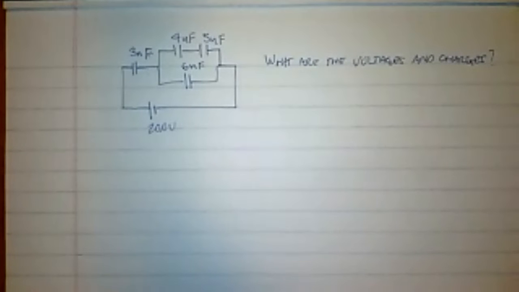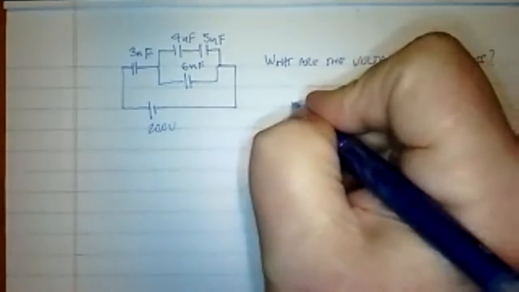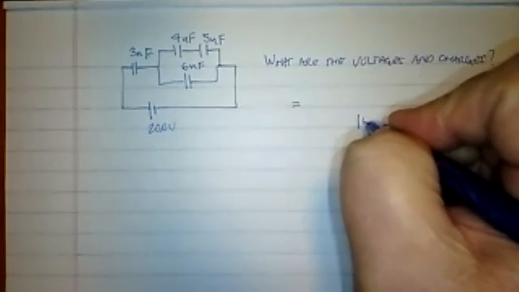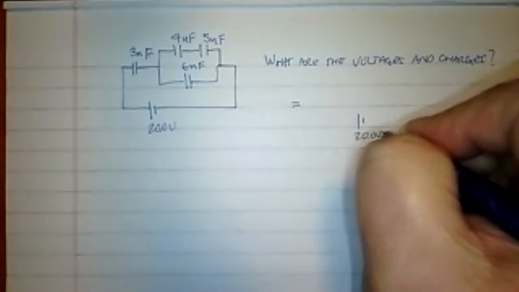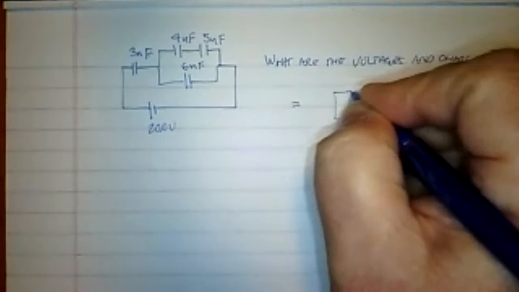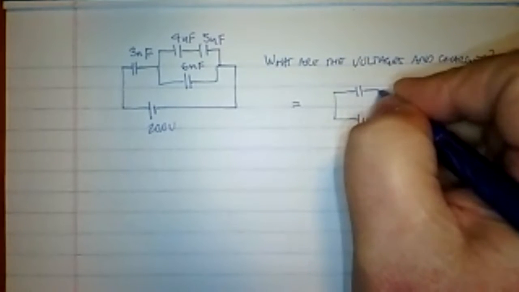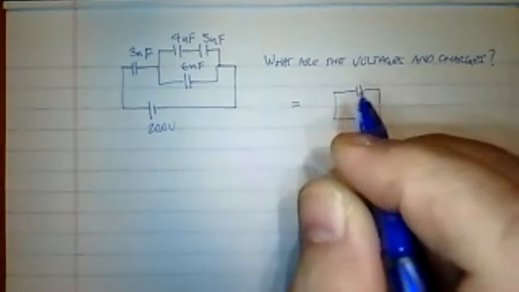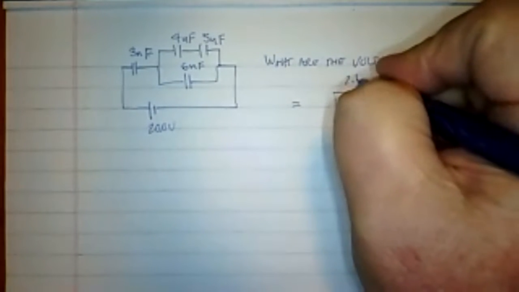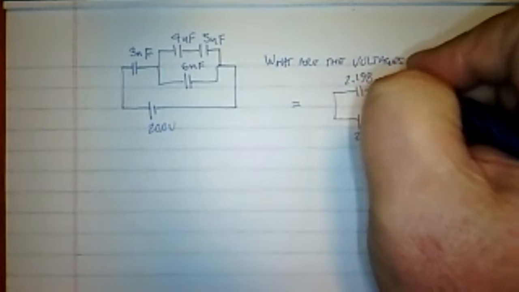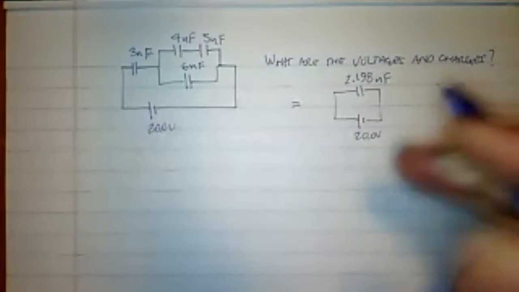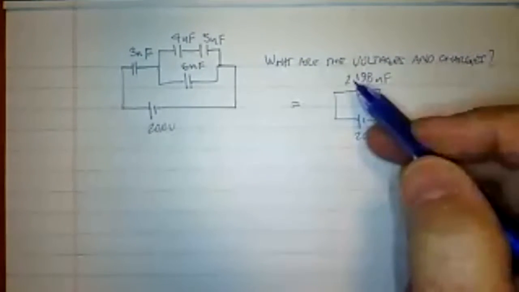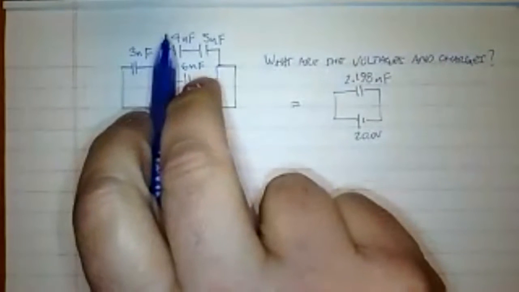So I just said, what are all the voltages and charges? Okay. So what I think about from the start is I realize that this is equivalent to a 20.0 volt battery being in series with a 2.198 nanofarad capacitor. Why is that? Well, that's what we just worked out as the equivalent capacitance of all this.